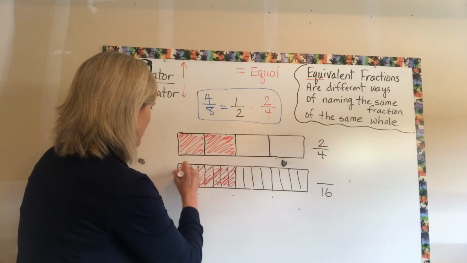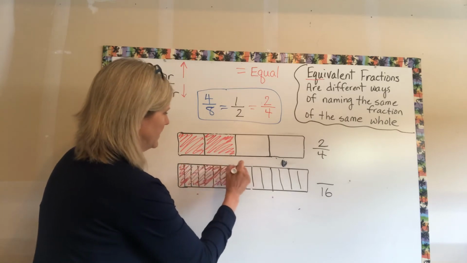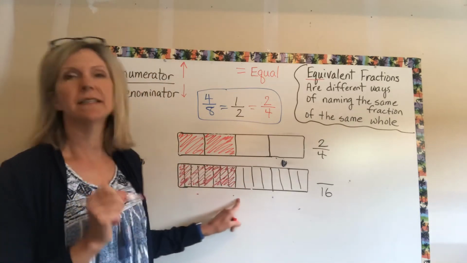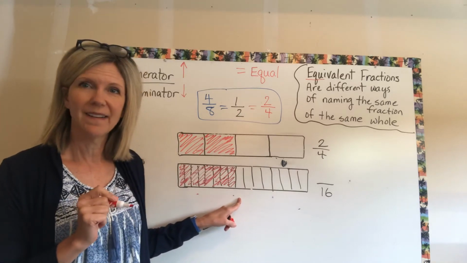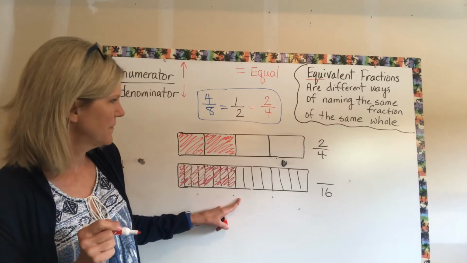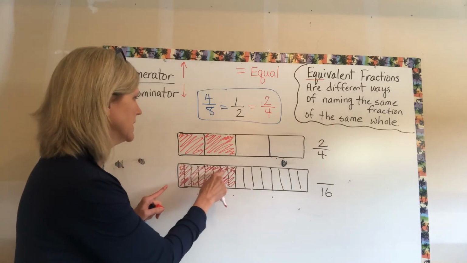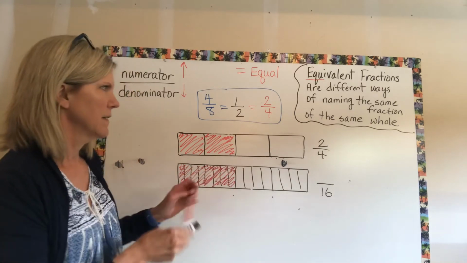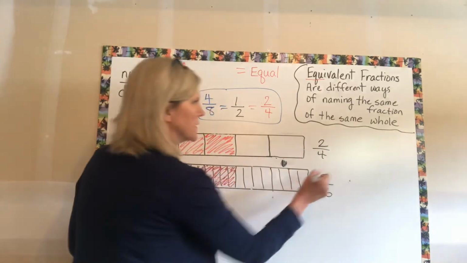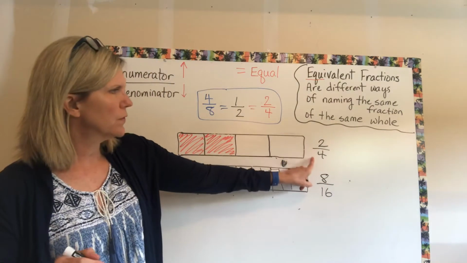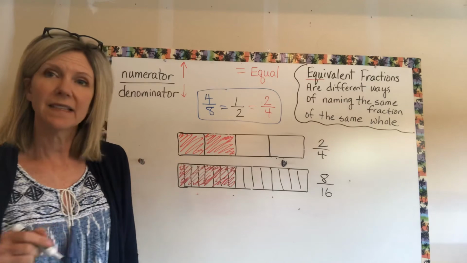And so Evie, how many of the 16ths did I just shade? I shaded 8 of them. 1, 2, 3, 4, 5, 6, 7, 8. 8/16. So look at this one. 2/4 is the same as 8/16.